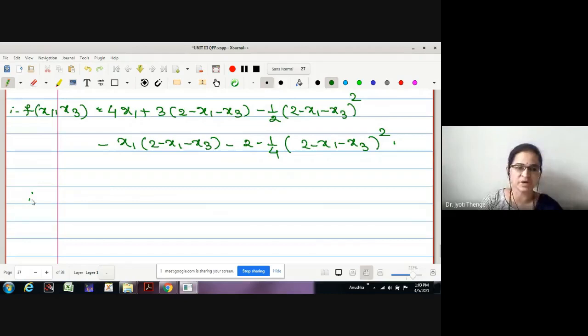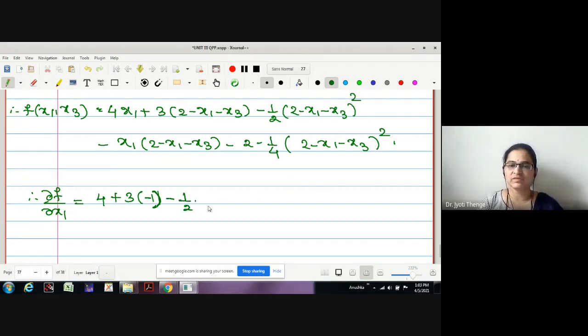Okay, let us do the process. Let us differentiate with respect to x1 first. This is 4 plus 3 into minus 1. Now it's a square, therefore what I will do? This is 2 times 2 minus x1 minus x3 into minus 1.